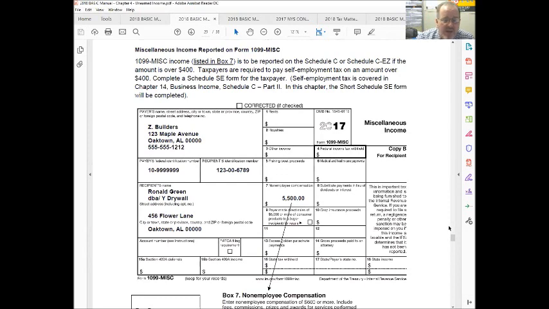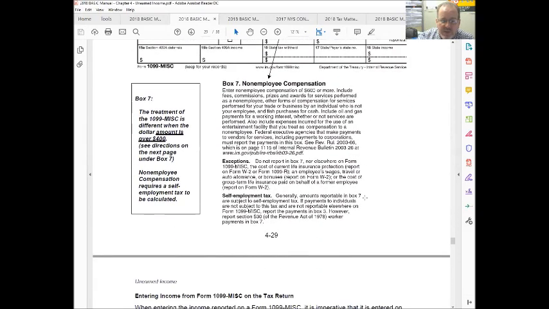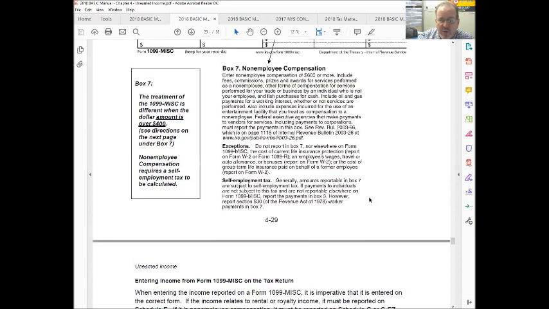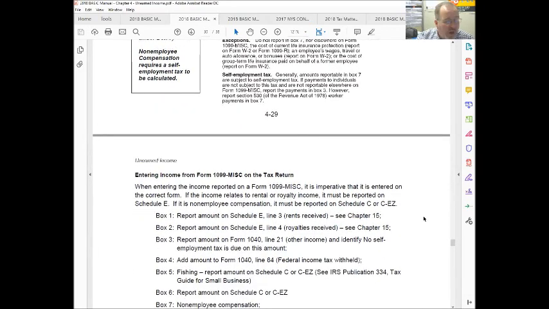That means that they paid me as a drywaller to work for Z Builders, but I'm not an employee. I was just an independent contractor they hired to help finish a job. So they gave me $5,500. That is earned income, that non-employee compensation, and it actually goes on to a Schedule C or CEZ, as it talks about here.